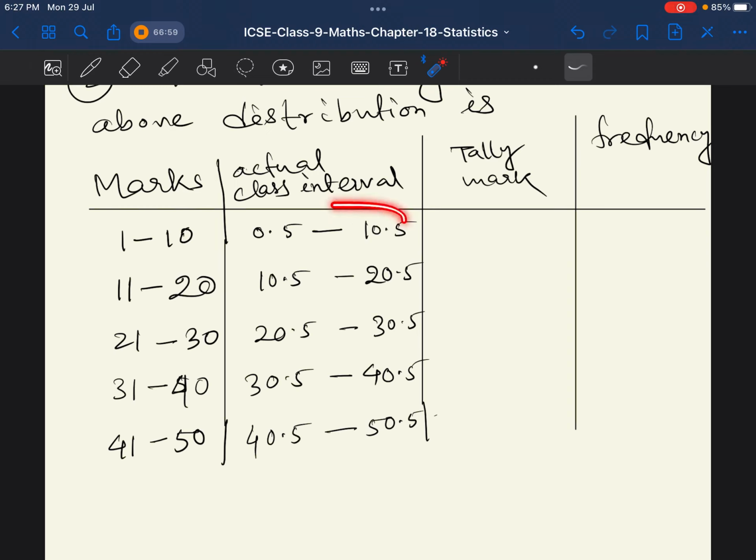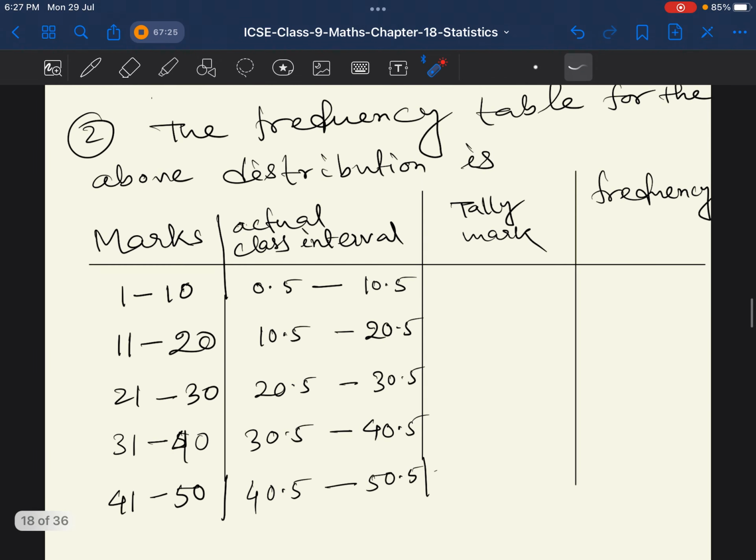Okay, you understand? Here you see, in the class interval we take till 10, not 10.5. In the next class interval we count 10.5, but in this class interval we don't take 10.5.